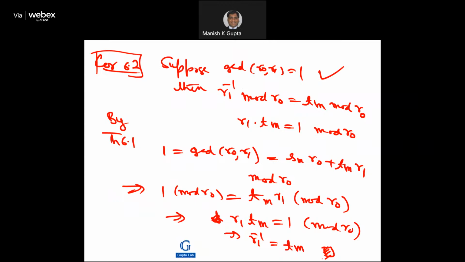The product is 1. The proof is very simple. Suppose GCD of R0, R1 is 1. That means you have integers Sm and Tm such that you can write this linear combination. You reduce the whole thing modulo R0. This term will go. You are left with Tm into R1 is equal to 1, right? So R1 and Tm are inverses of each other, right?